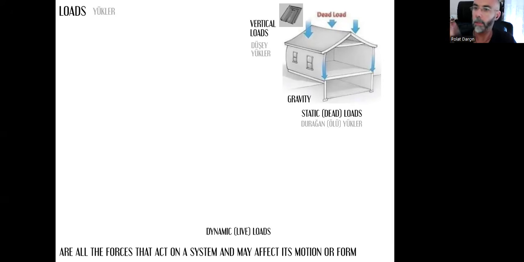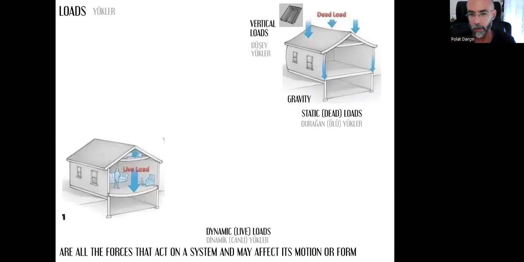And the opposite of the static loads are called dynamic or live loads. In Turkish, dynamic, hareketli, non-static, canlı yükler. And there can be some specific types, like people, or furniture, or birds.